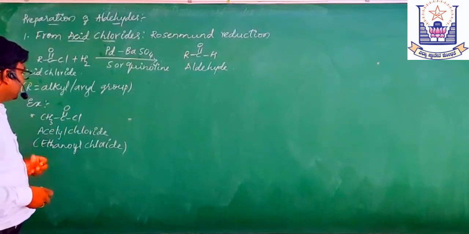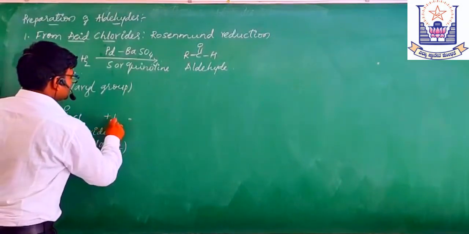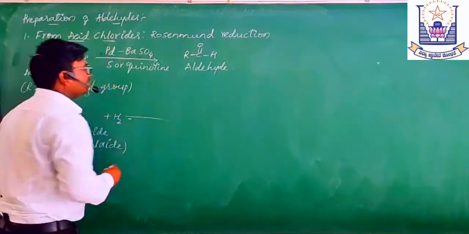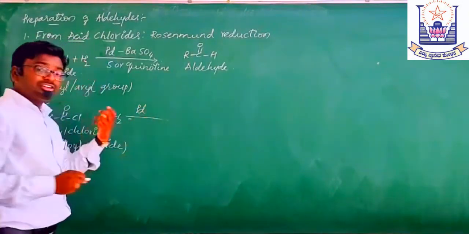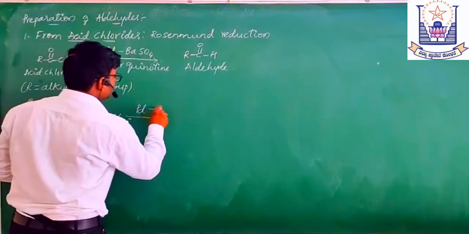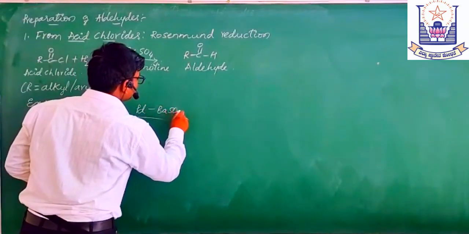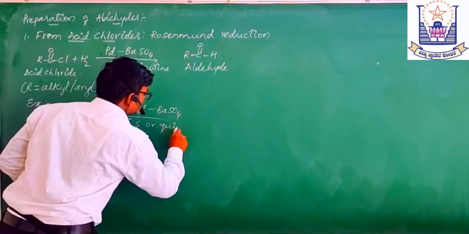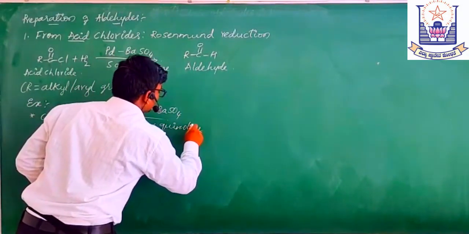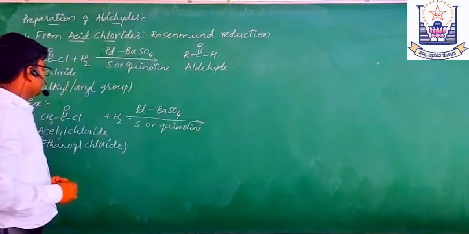When this is treated with hydrogen gas in the presence of Lindlar's catalyst, that is partially deactivated palladium using barium sulfate in the presence of sulfur or quinoline, what happens?